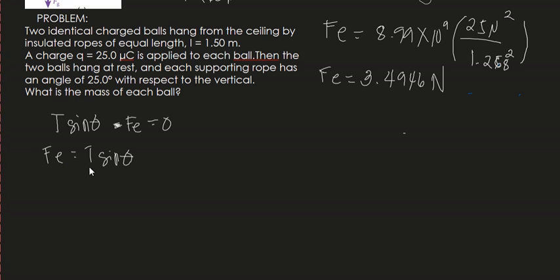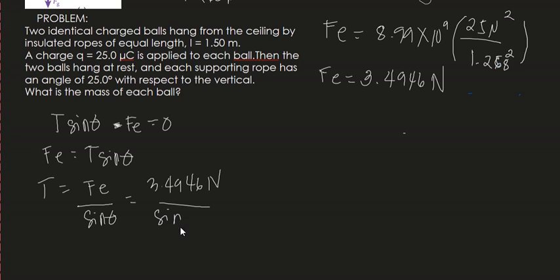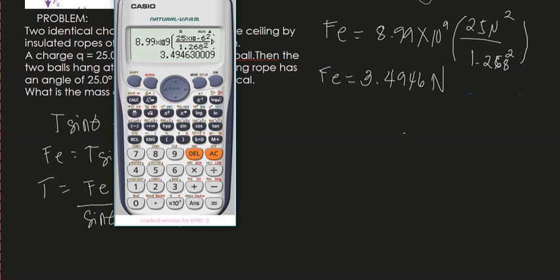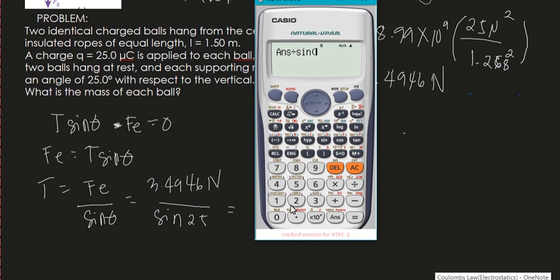So we can now get the value of T. T is equal to Fe all over sine theta. So this is equal to 3.4946 Newton all over your sine theta, which is sine 25. So this is equal to 3.4946 divided by sine 25.